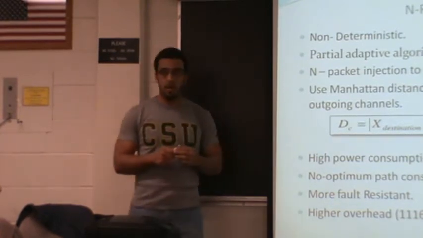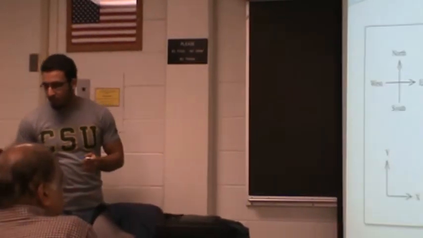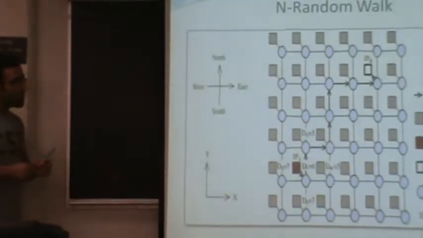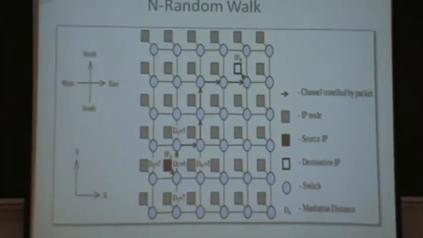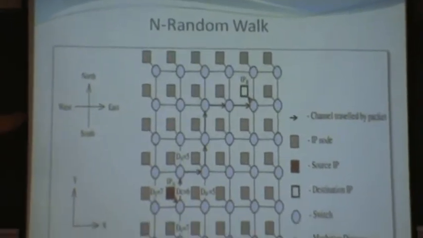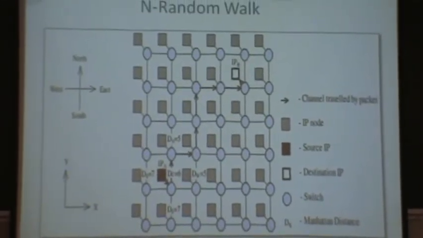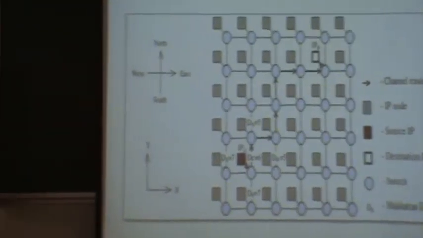The idea here is every time you receive a packet, let me step forward here. Every time a router receives a packet, it should calculate the probability of which outgoing channel it will choose to forward it. The way that it does that is first by using the Manhattan distance between the source and destination.